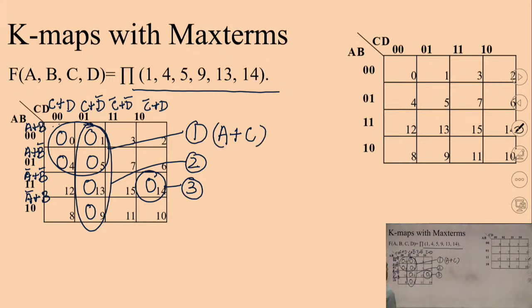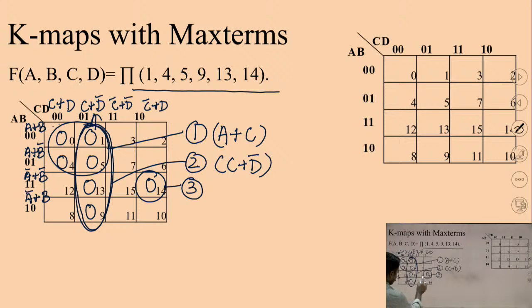Okay. Similarly, for this second one, this is the quad. From the row side, for all these zeros, there is nothing common. Okay. But from the column side, I can check that this corresponds to C plus D bar. So this C plus D bar is common to all these 4 zeros. So the answer for this second one is C plus D bar. And for this third one, there is nothing common from the row side or column side.